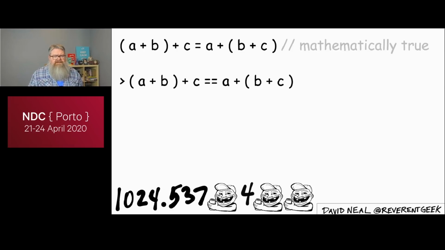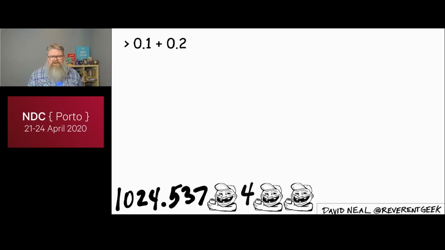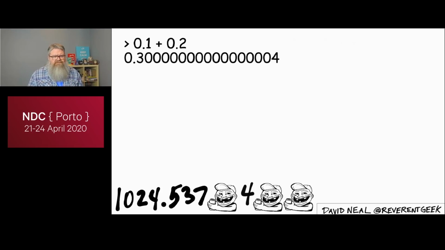So if we were to say, is this code true or false? No, it doesn't always equal true. If we try to look at, is 0.1 plus 0.2 equal to 0.3? No, it's not. What? What is 0.1 plus 0.2 in JavaScript? It's 0.3 something.